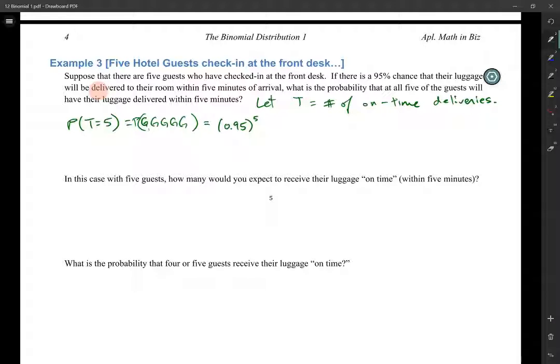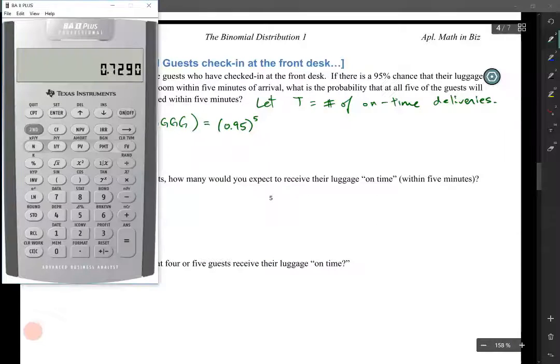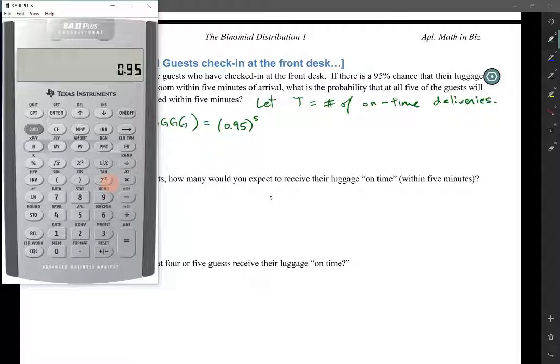Let me see here. We want the 0.95, and again we're going to use the y to the x key. So we push that, and now it becomes y, and the exponent that we enter becomes the x. So we do that. It's 0.773.